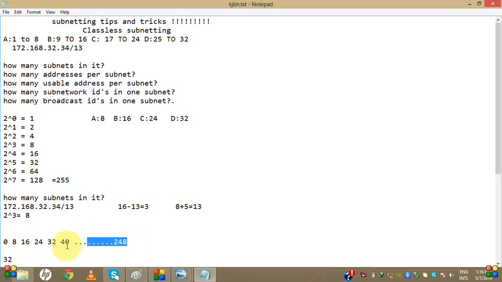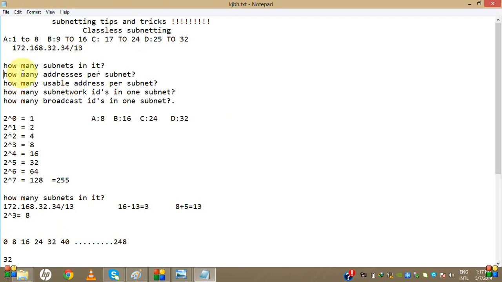The total values are 32. So I get 32, which is the total number of subnets, and that is the answer to the first question. How many bits are in it? There are 32 bits in it.